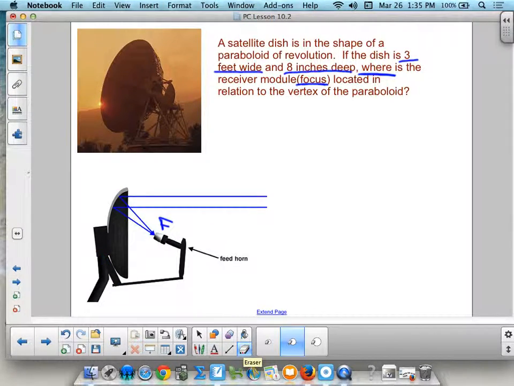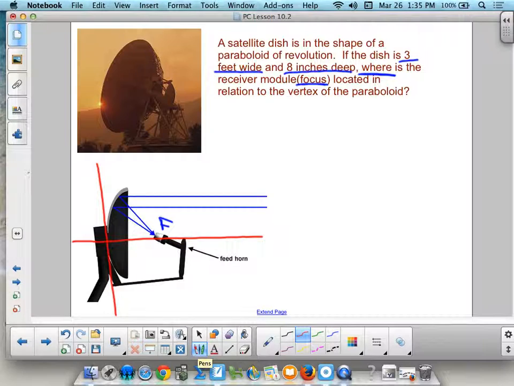So, let's see what that looks like. If I go like this, and I go like this, there's the origin, and the origin sits right on the vertex. This is a nice deal. Why? Because when you write the equation, you would go with x squared or y squared? Y squared. Look at the parabola. It's going right.